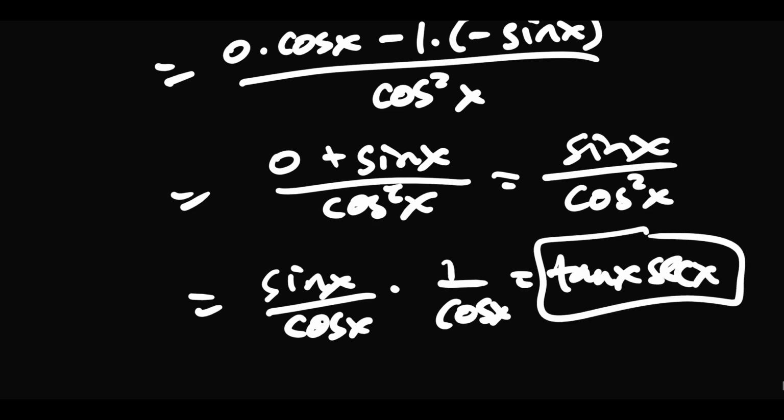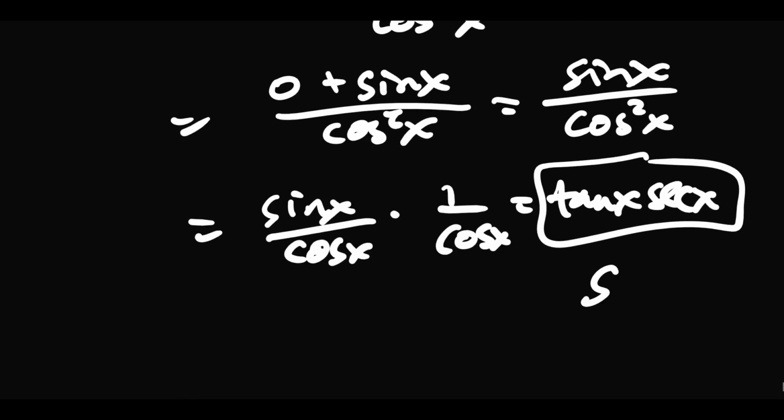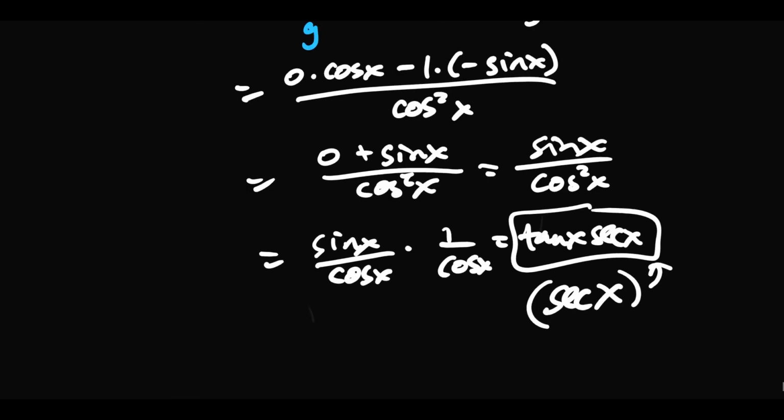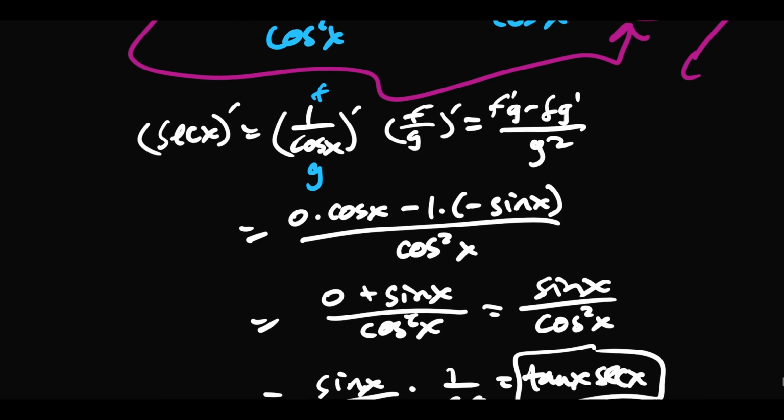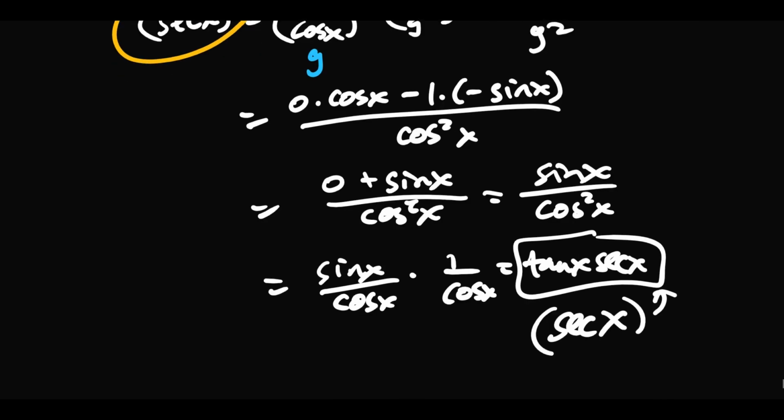And that turns out to be the derivative of secant of x. So the derivative of secant x is tangent x secant x, or secant x tangent x, sometimes they write it that way. Once again, if you forget this on a test and you need to find the derivative of secant, you can just derive it.